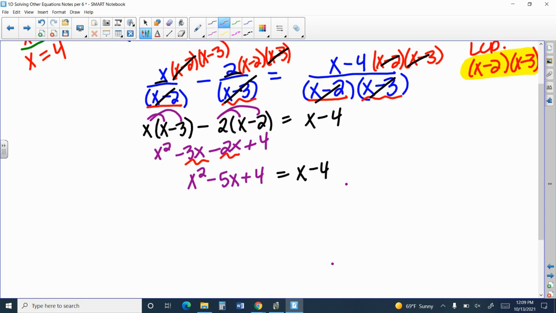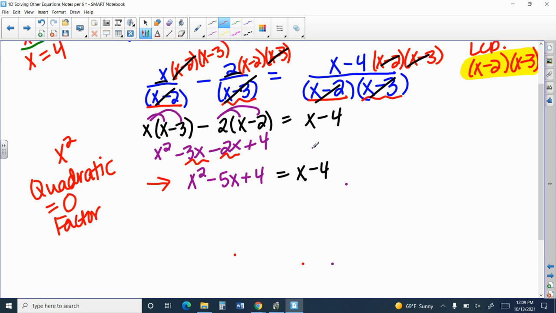Okay. So after we do that, hopefully you all notice that this is a quadratic equation. Remember, quadratic means it has an x squared. So to solve a quadratic equation, I want to get one side equal to 0, and then I can factor. So I'm going to get this side equal to 0 here.